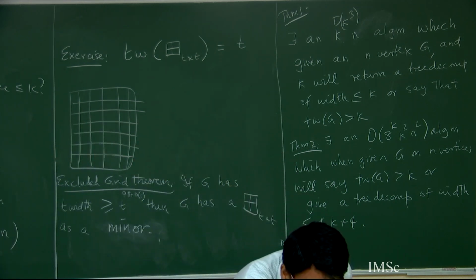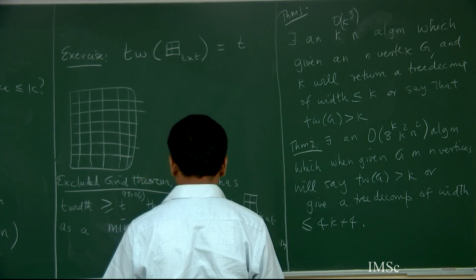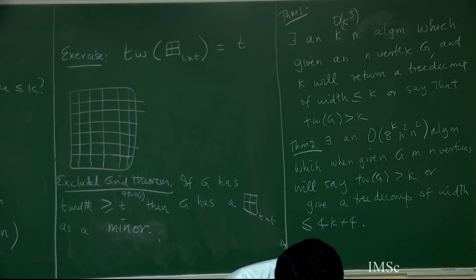This function was gradually improved. Initially it was some exponential in t. Now, about two to three years ago, it reached t to the power 98 plus little o(1). This is a theorem from 2013.